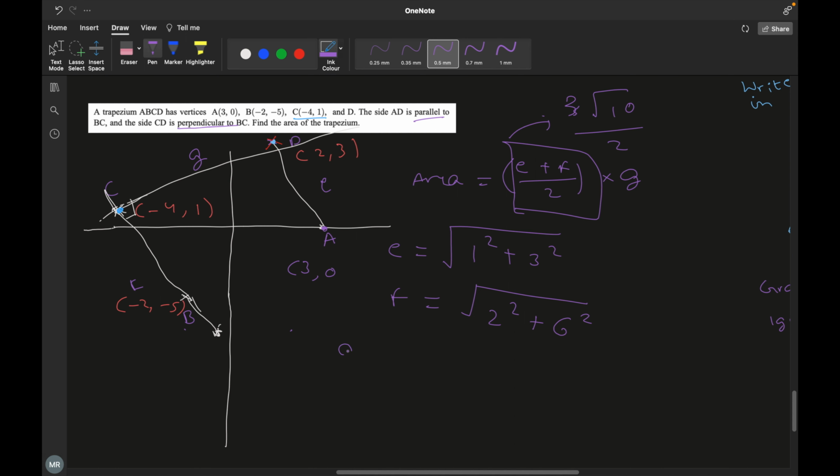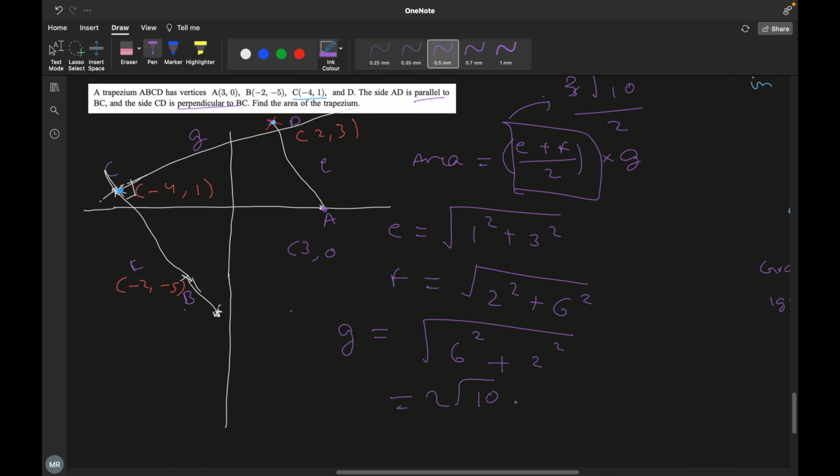Now let's find G. The value would be the square root of 2 minus minus 4, which is 6, so 6 squared plus 3 minus 1, which is 2 squared. So the square root of 6 squared plus 2 squared is 2 root 10. Now we have to multiply this into this.